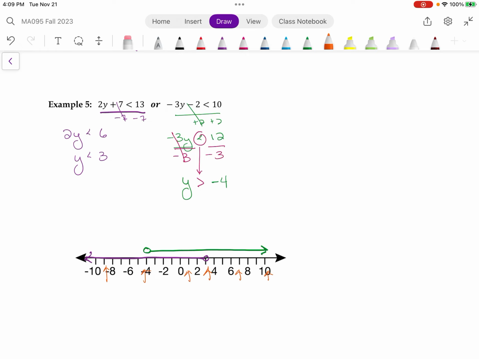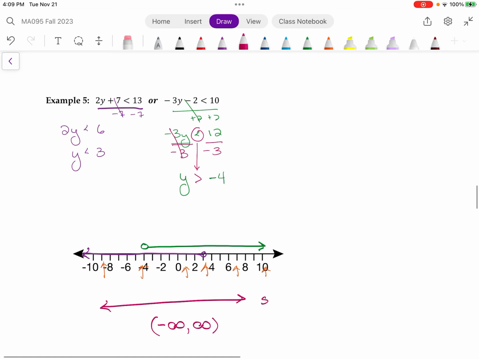One or the other must be true. At least one of them is everywhere. So the solution is all of it. From negative infinity to infinity, or all real numbers.